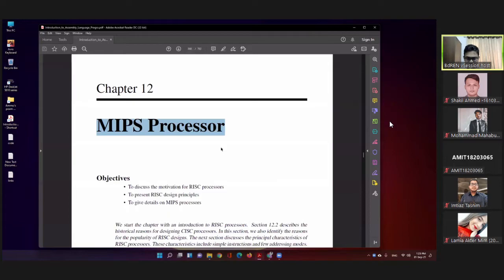Although we are not going to implement or build anything using this MIPS processor, at least if you have an idea that these are completely different types of processor from where you are coding in the computer, it will help you a lot.